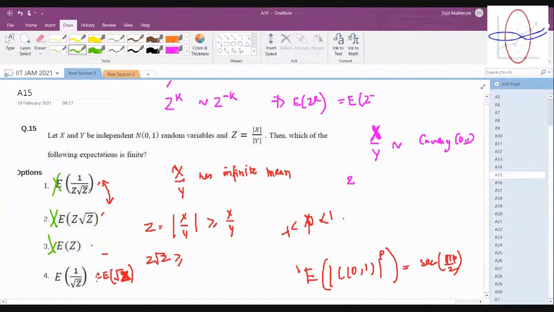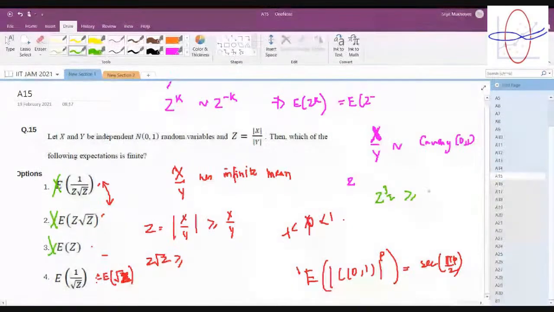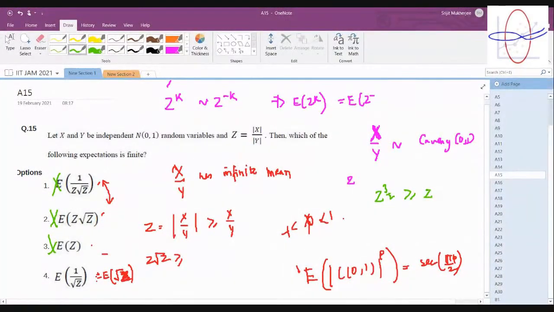You can also calculate why it's not true, but we need to know a result. To make it mathematically more rigorous, can you first prove that Z to the power 3 by 2 is greater than or equal to Z? No, because it depends on whether Z is greater than 1 or less than 1.